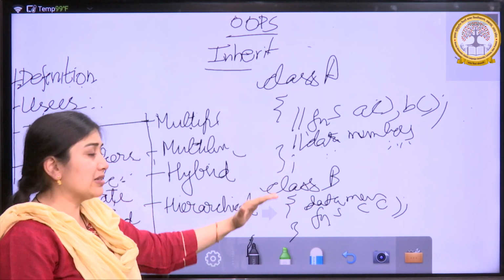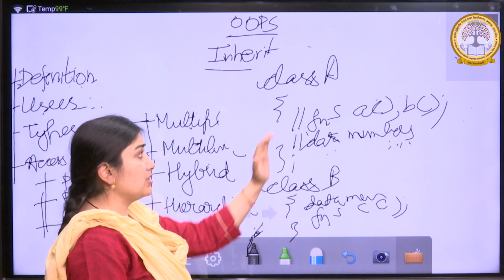Now, what if this class B also wants to use the properties of class A?